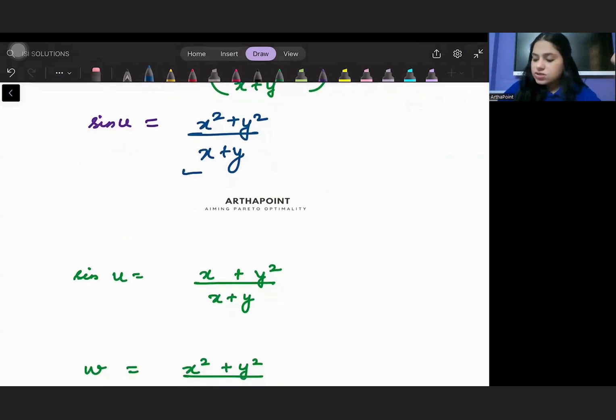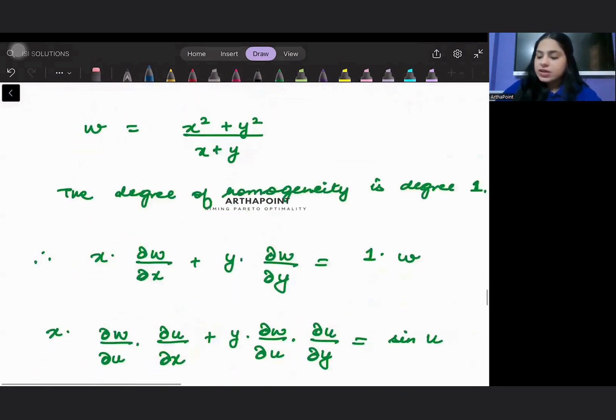Now suppose I call this function w. So w is equal to (x square plus y square) upon (x plus y).